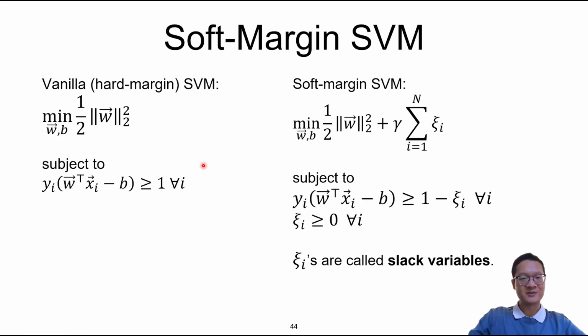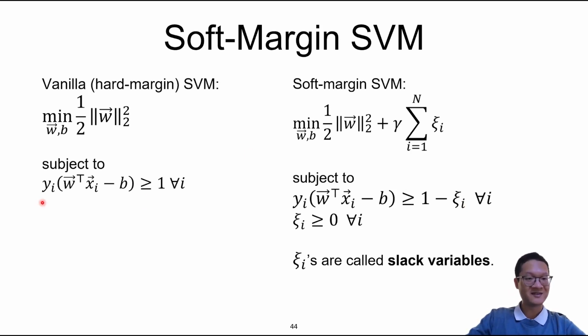In particular, we began by comparing the original SVM, called vanilla or hard margin SVM, which basically maximized the margin, equivalent to minimizing one half the squared two norm of w subject to this constraint. In contrast, for soft SVM, we add a penalty term and we add some slack to the constraints. And the slack variables are basically these xi variables, which allow some violation of the original constraint, right?